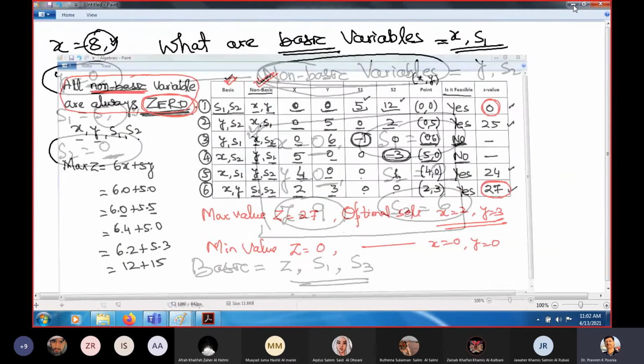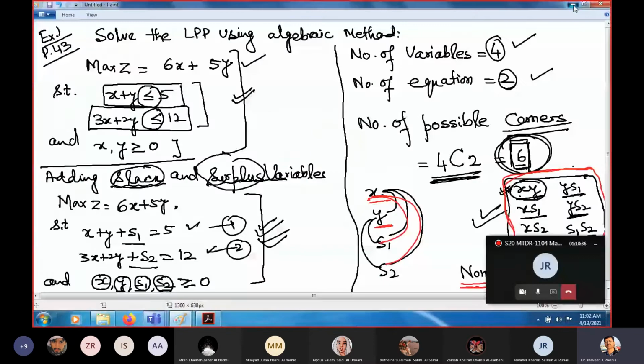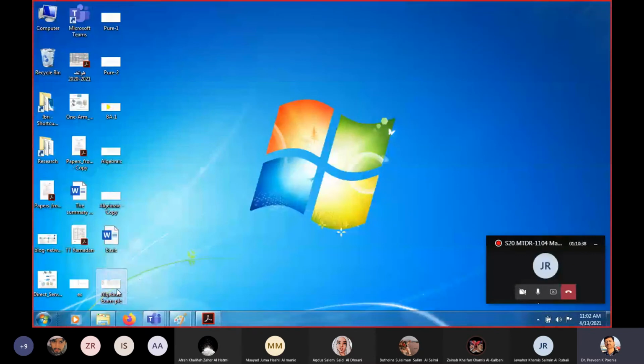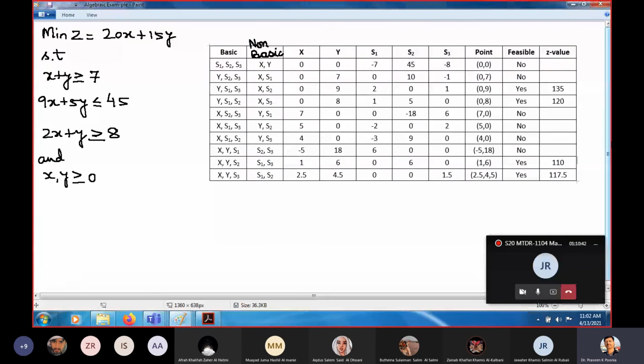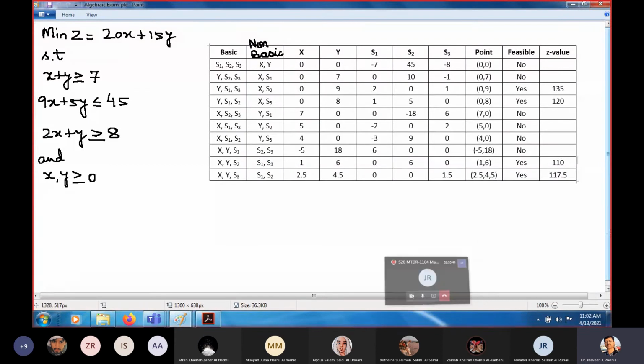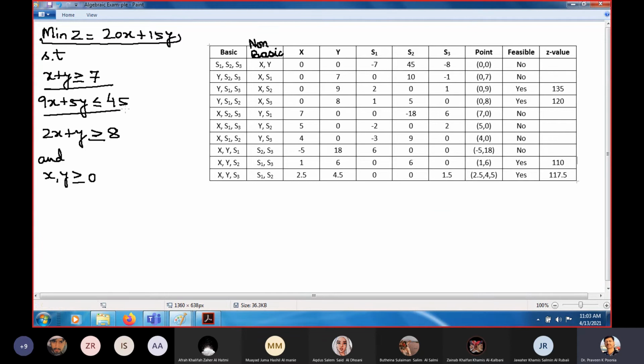Now I will take one more question, an algebraic example. Yes, this is the question. What is the question? Minimize Z equals 20x plus 15y. This is x plus y, this is the constant, this is the constant. How many constraints? 3 constraints.